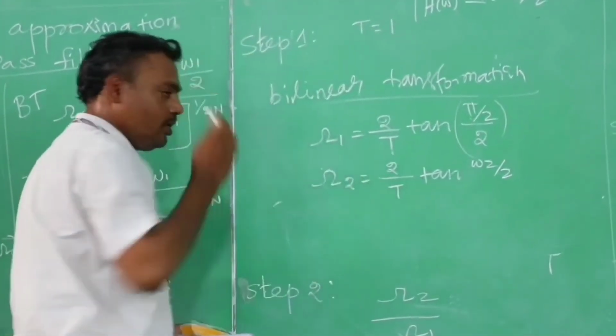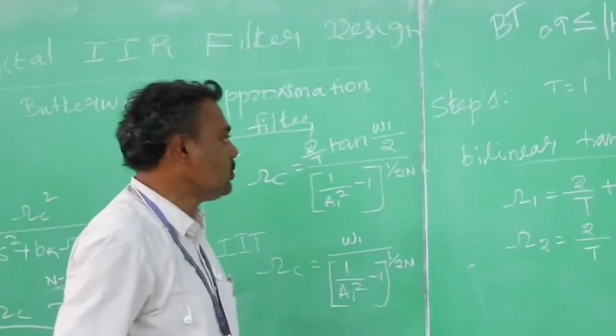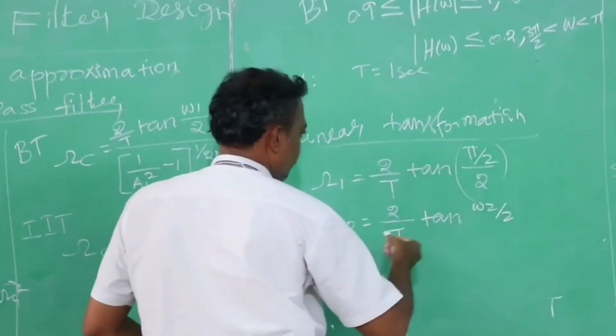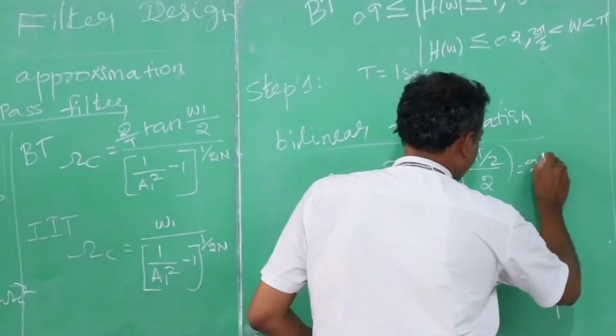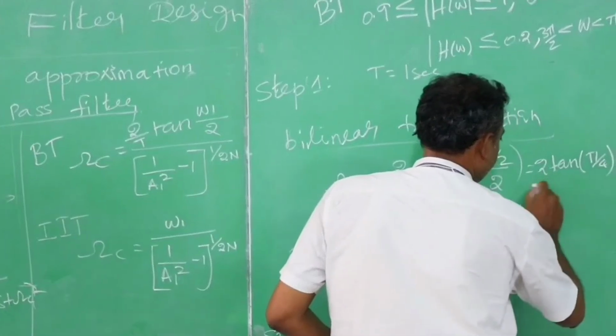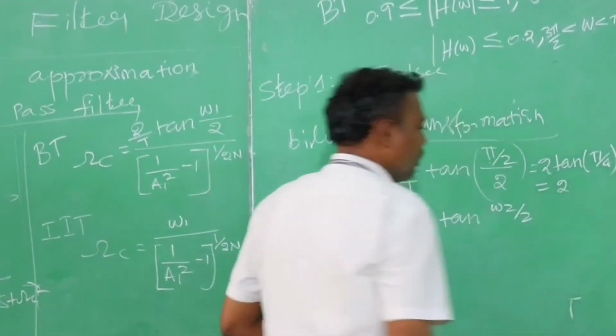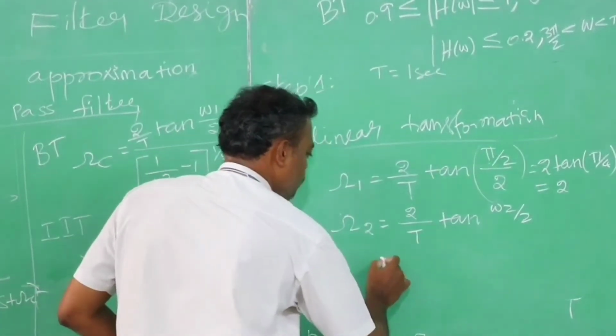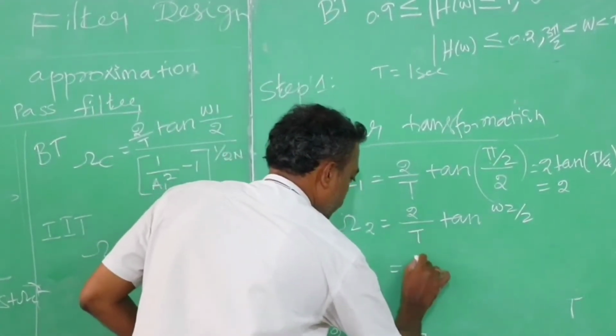Suppose it's given, you can take it; otherwise, you can assume T is equal to 1 second. From this equation we finally get 2 tan of pi by 4. Tan pi by 4 is equal to 1, so we get 2.